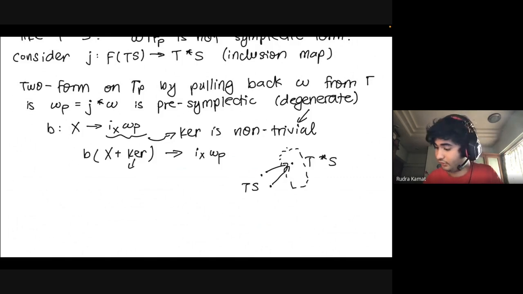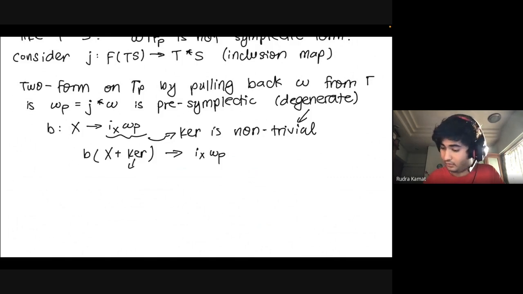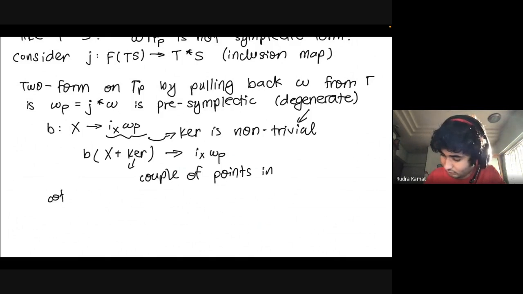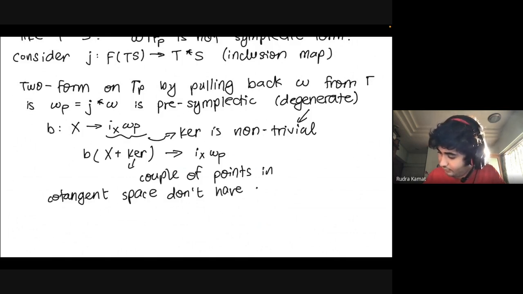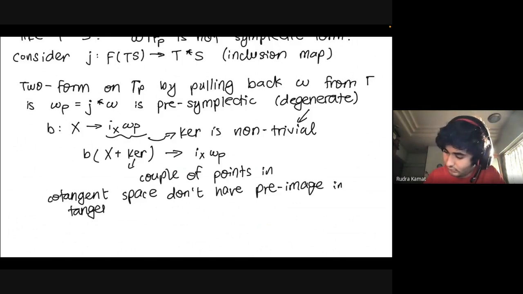So let me just write this observation. A couple of points in the cotangent space don't have a pre-image in the tangent space.